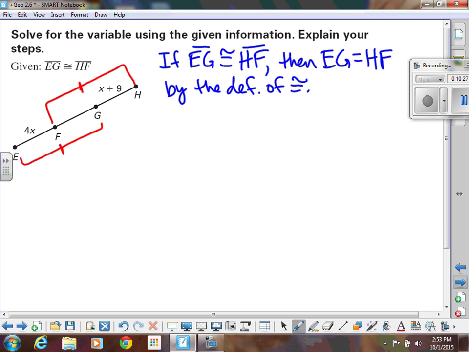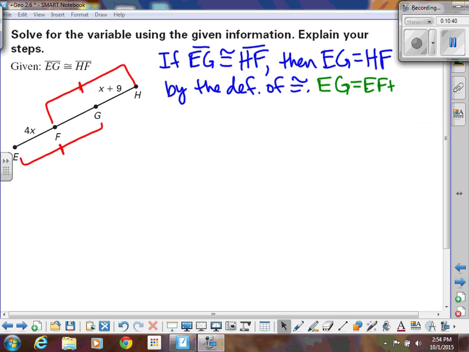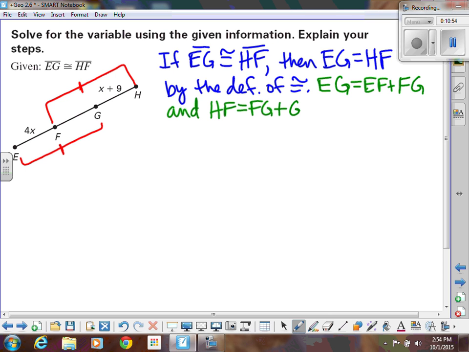This is like what we talked about last class. I'm going to say EG is equal to EF plus FG. And I'm going to do the other one while I'm at it. I know that HF is equal to FG plus GH. Those are both by the segment addition postulate.